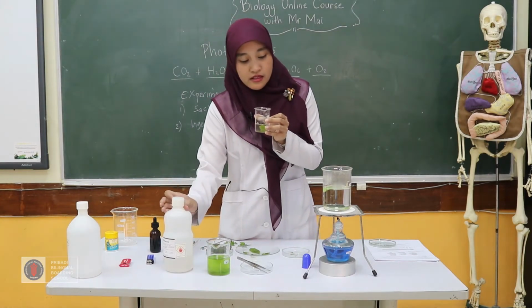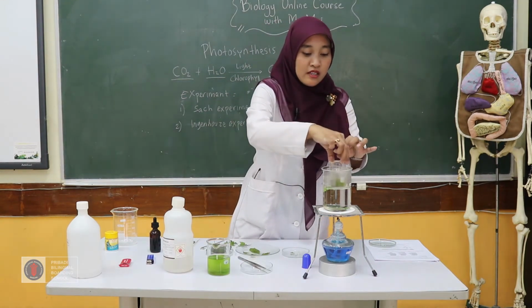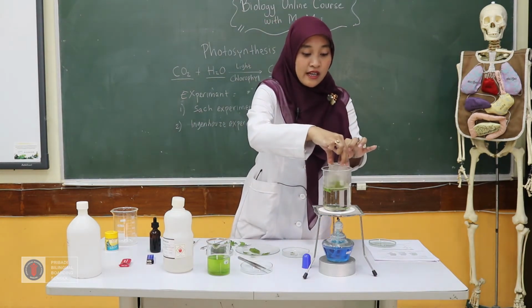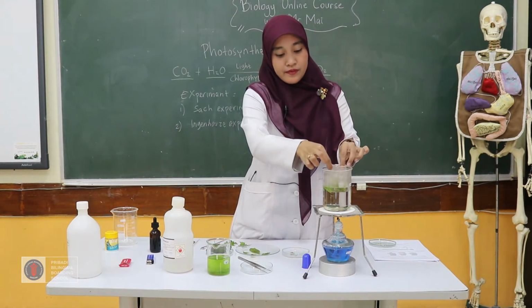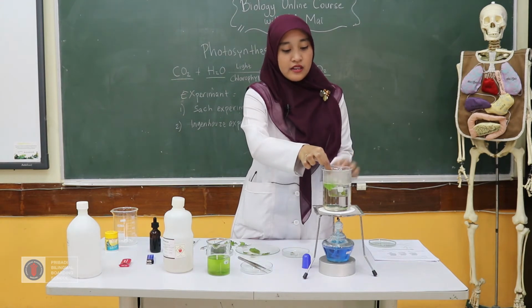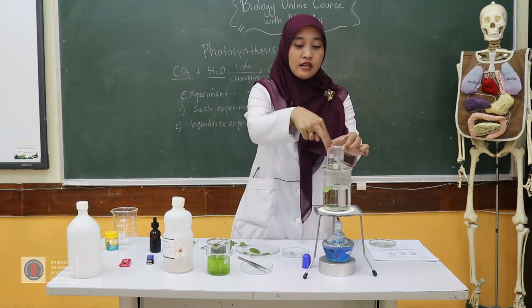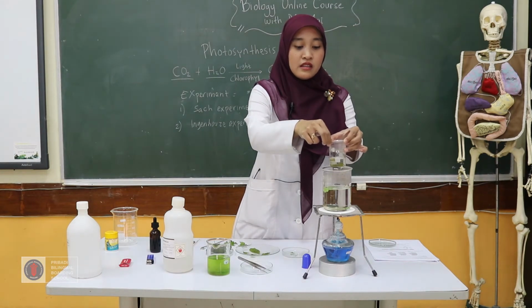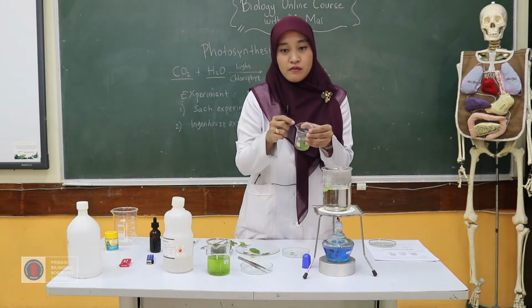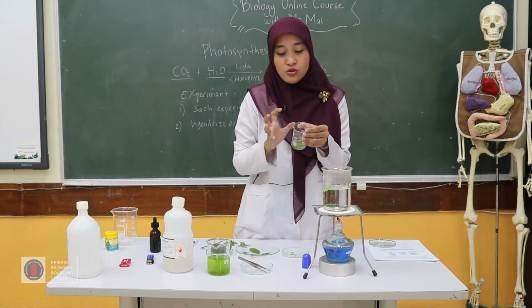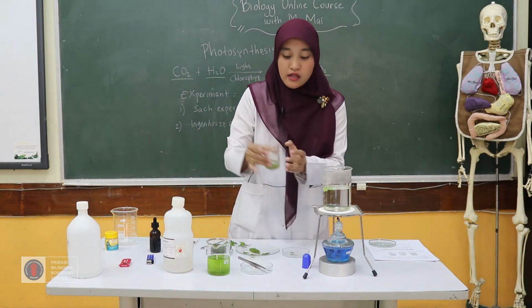After that, boil it in water, but not directly boiled, just like a water bath like this one. Leave it in here, and you can use the tongs so it's not really hot, and then leave them until the leaves become softened and look white.